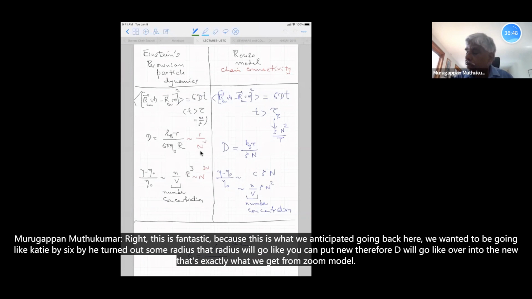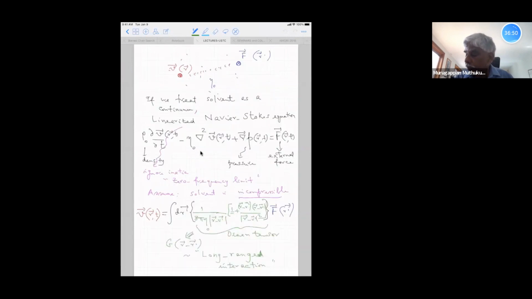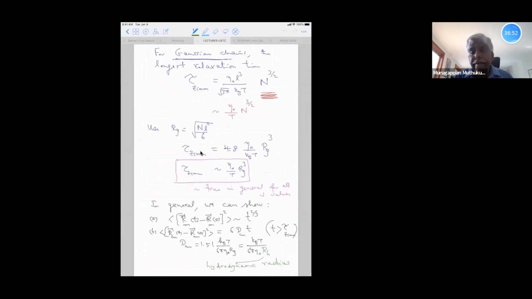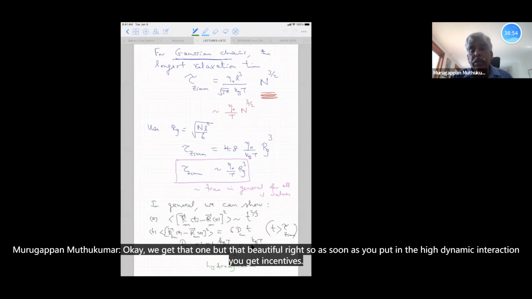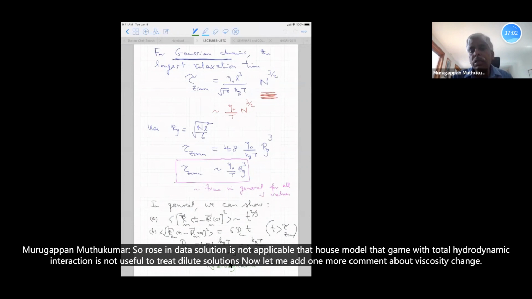That's exactly what we get from the Zimm model. So that's beautiful. As soon as you put in the hydrodynamic interaction, you get Einstein's result. So Rouse in dilute solution is not applicable. The Rouse model, which has no hydrodynamic interaction, is not useful to treat dilute solutions.